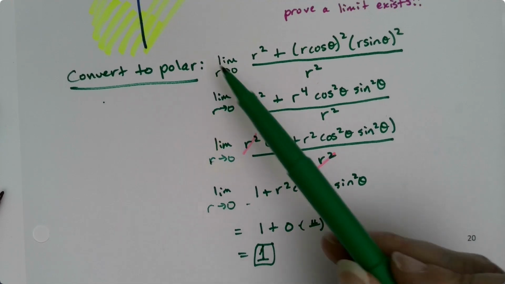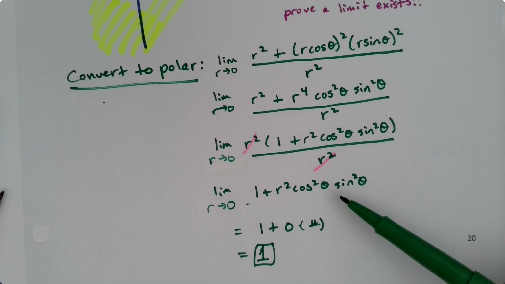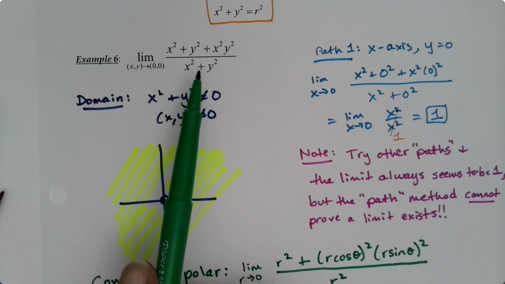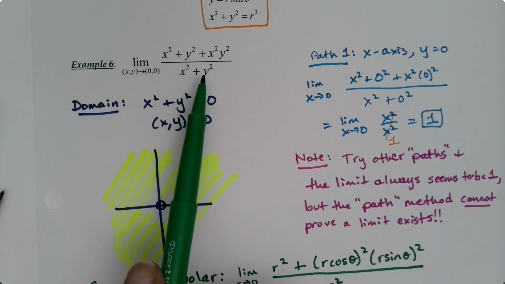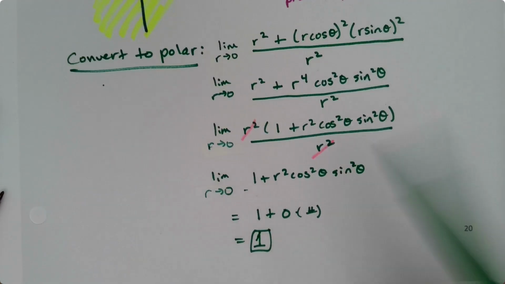What we're doing is changing our coordinate system, and because of the properties of that new coordinate system, things worked out nicely in a way that they would not have worked out nicely if I tried to use just straight algebra on this original problem. It would have been pretty brutal. But down here, it worked out nicely. And so that option is always available to us if it's appropriate for the particular problem you're in, to try and see if you can prove that the limit exists that way.